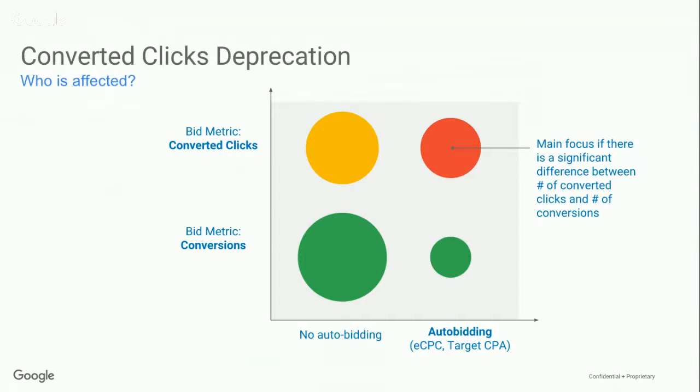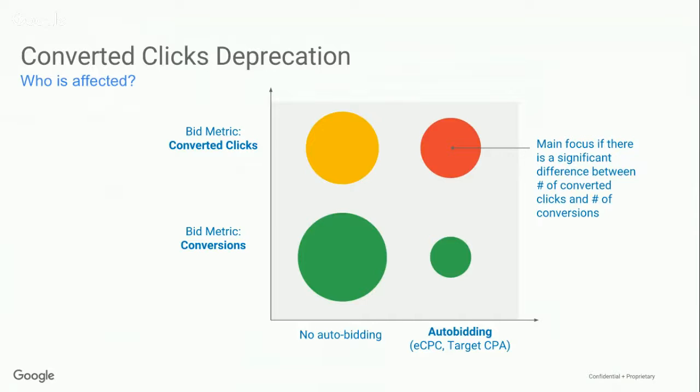In terms of who is affected by this deprecation, if you're an advertiser and you're already bidding based on your conversion volumes, there's very little that you need to do. There won't be any changes to your metrics, there won't be any changes to your performance, and you can just leave them as is.